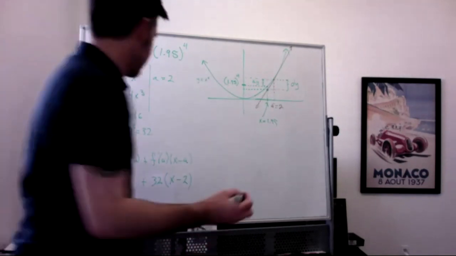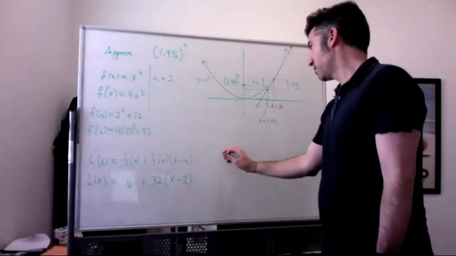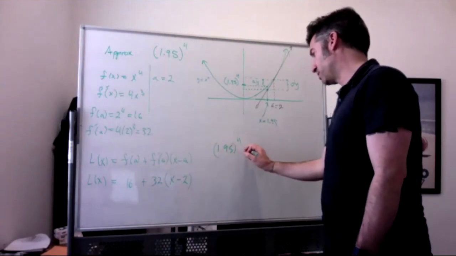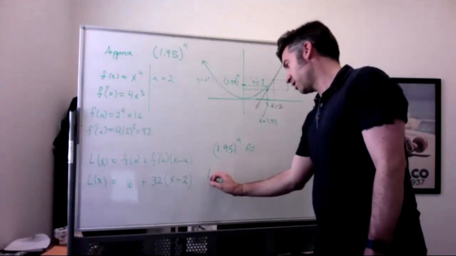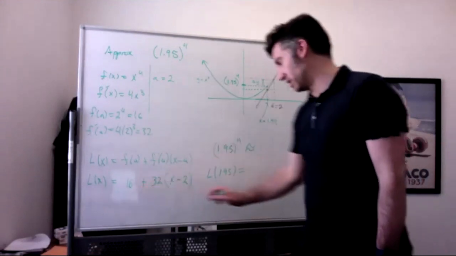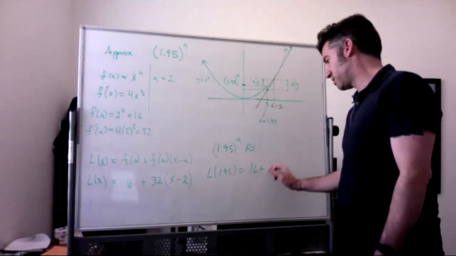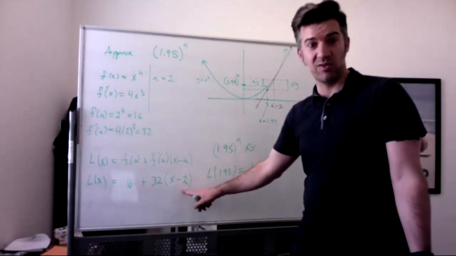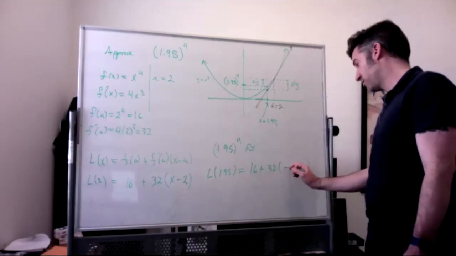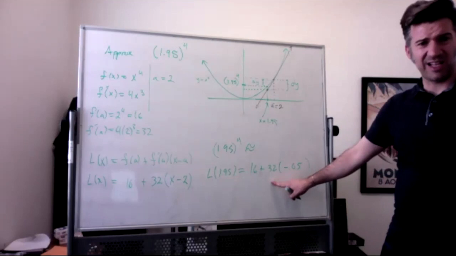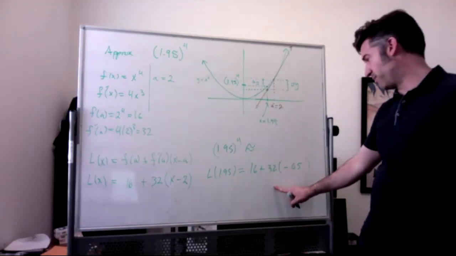Okay. So let's see what we get. 1.95 to the 4th is going to be approximately L of 1.95. If we plug that in, it's going to be 16 plus 32 times 1.95 minus 2, which is negative 0.05. Negative 0.05 times 32.